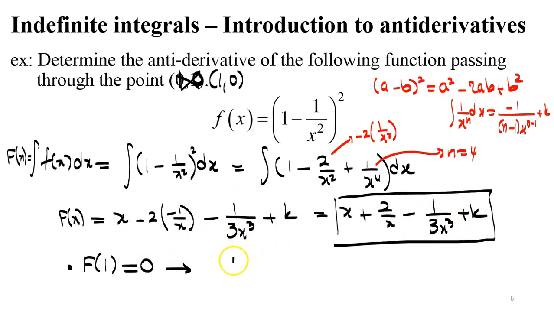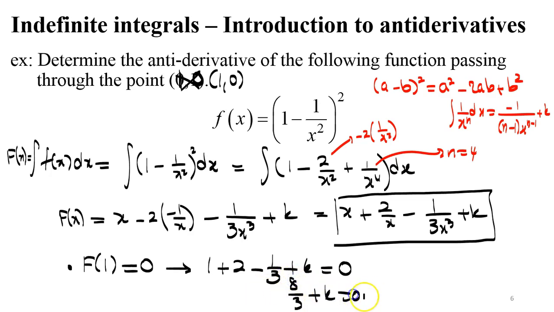So over here, replacing x by 1 would actually give me 1 plus 2 minus 1/3 plus k equals 0. Then over here, this is 3 minus 1/3. This is 8 over 3 plus k equals 0. Then k is negative 8 over 3.